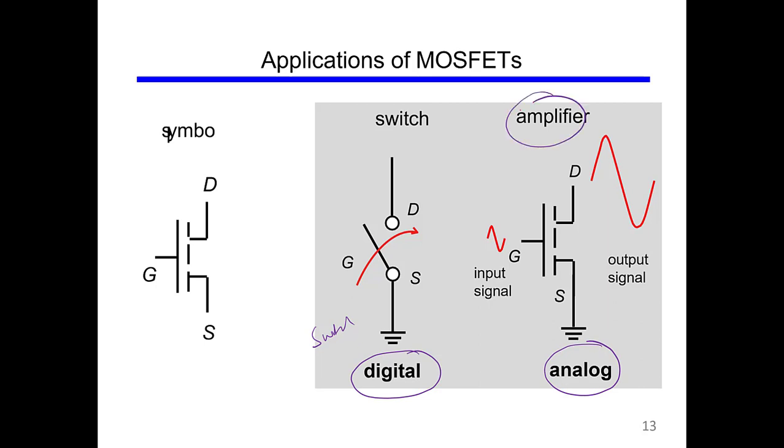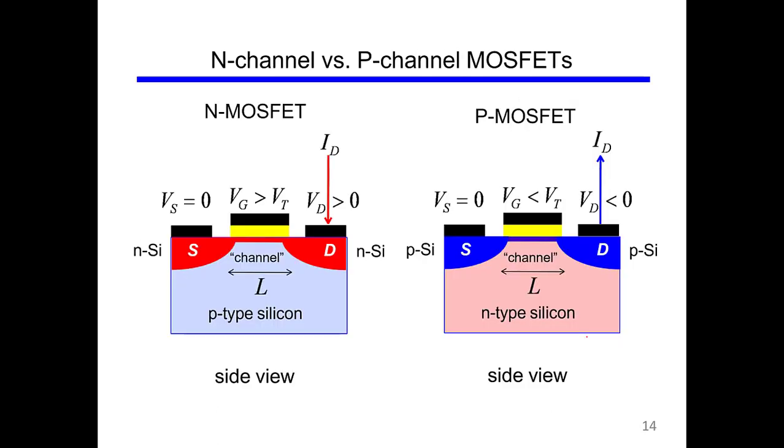I hope that you have taken a course in basic electronics and circuits where you have studied different kinds of amplifiers. Just to wrap up this part of the lecture, we have this kind of arrangement for a MOSFET. We have the source, which is normally held at low voltage, and the gate, which is held at a voltage above the threshold voltage VT, so the transistor turns on, and the voltage VD is also greater than 0 and the current ID flows.